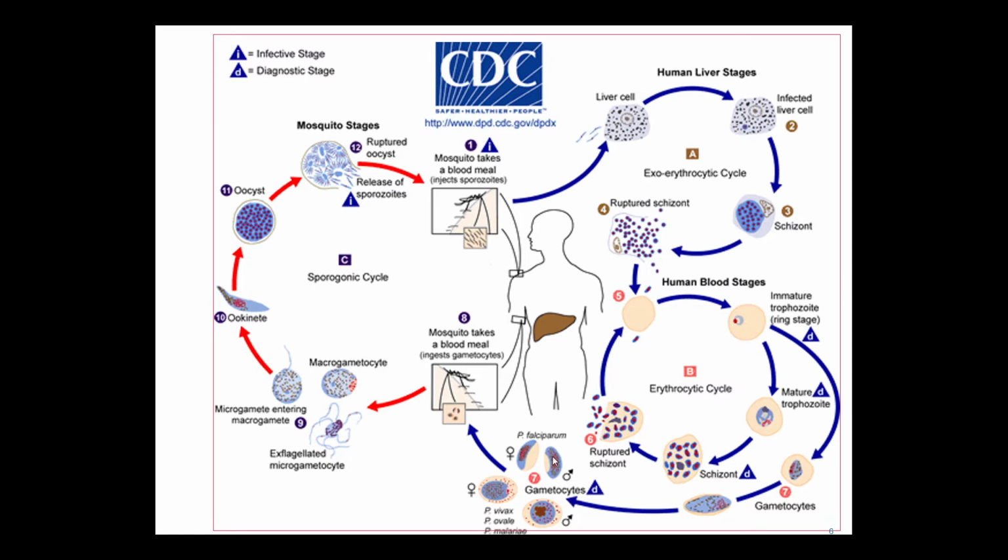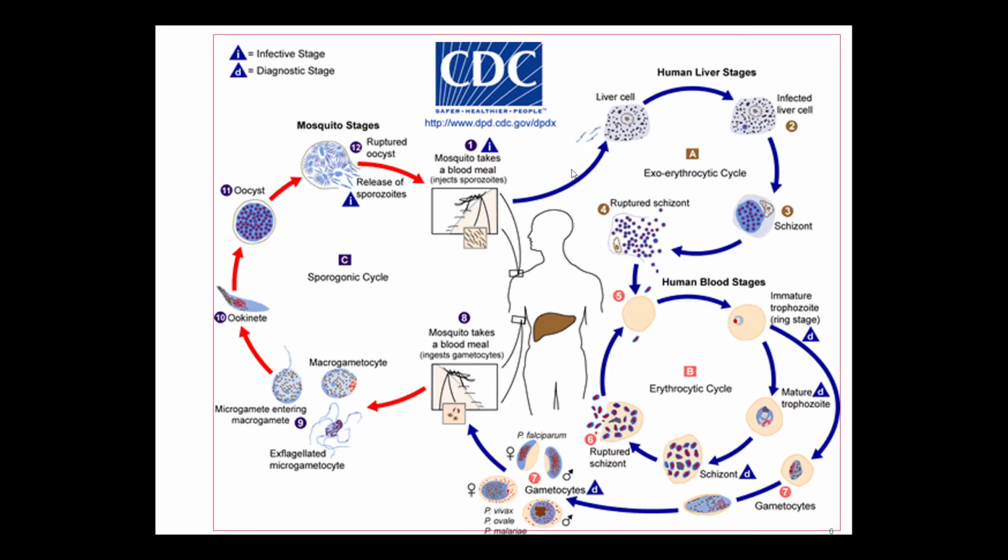When we talk about peripheral blood, all Plasmodium have their sex cells, gametocytes, in peripheral blood. They have a bit special structure in falciparum, the so-called banana shape, and are round in other types of malaria.